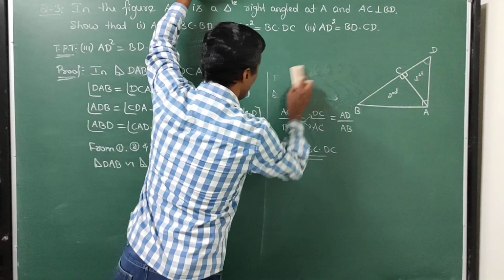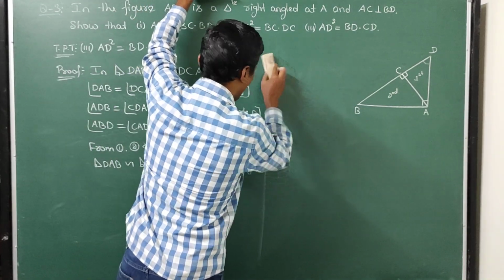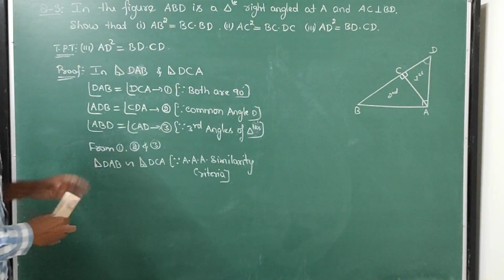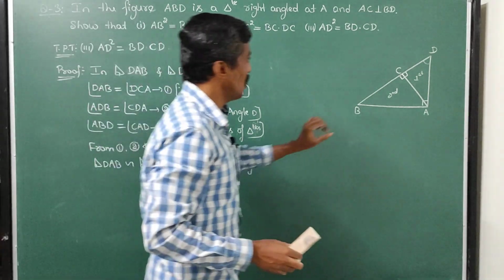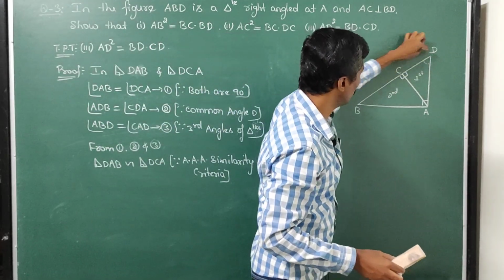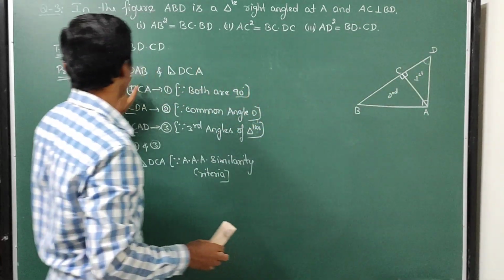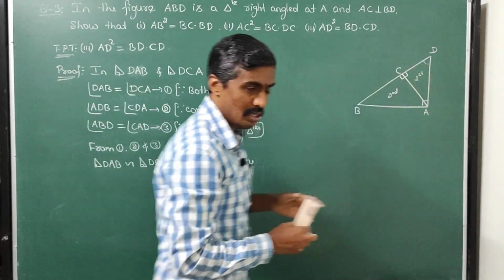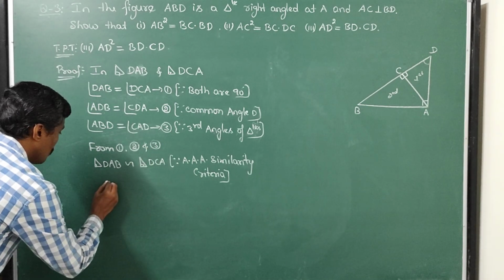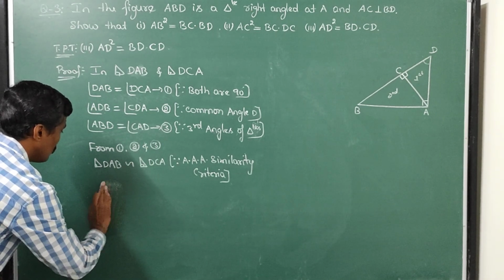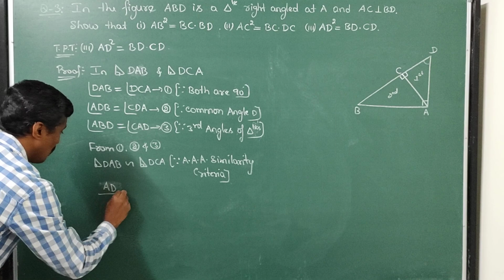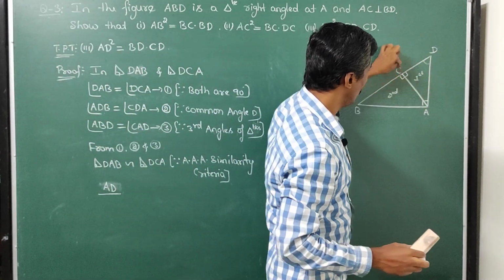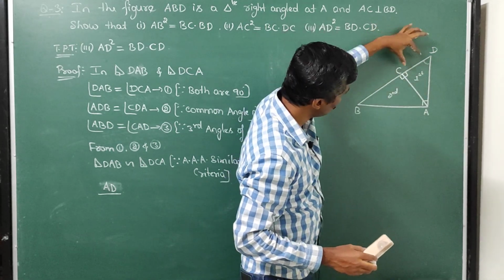So let me apply. AD square, you required AD. So in the smaller triangle, the original triangle, let me take first DAB. In the DAB triangle, DA is the smallest side, very good. So DA or AD divided by, in the first part, the smallest side is CD.